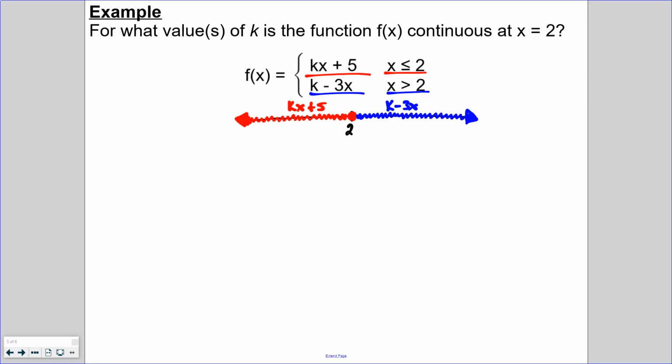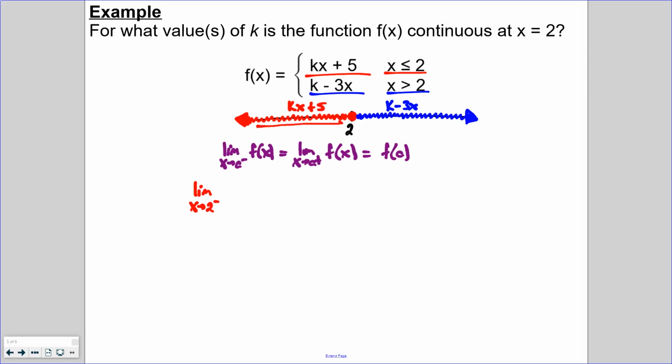Alright, so then we can start. So we're going to have the limit as x approaches a from the left of f of x is equal to the limit as x approaches a from the right of f of x, which then equals f of a. And then from here we can start filling in the different pieces. So first we're going to have the limit as x approaches 2 from the left.